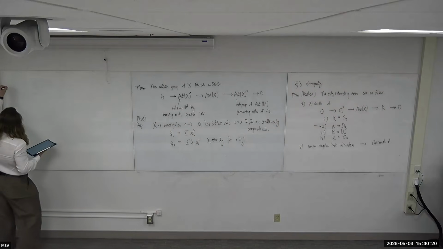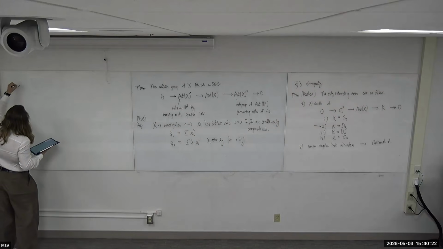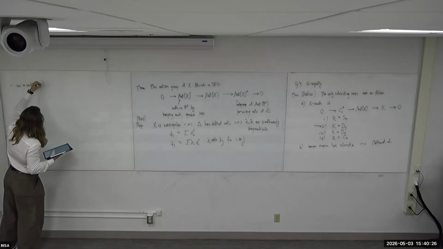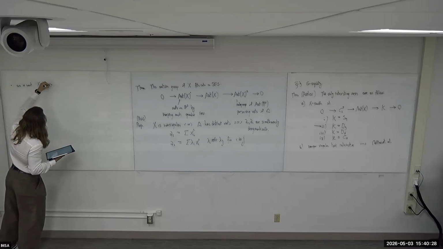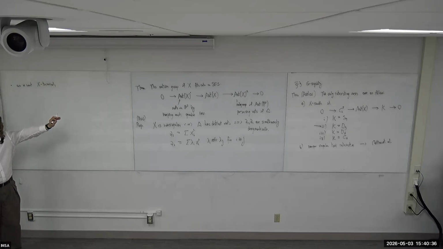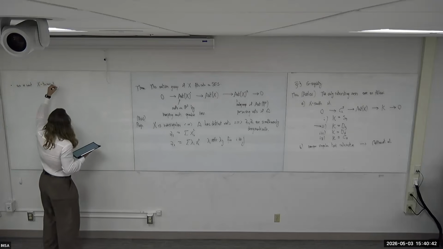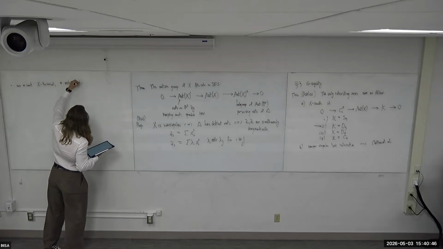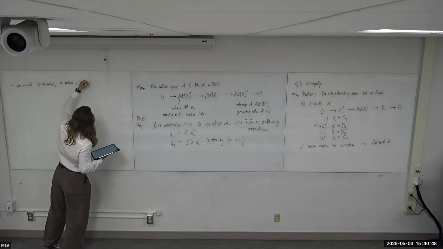As we want X terminal, we can exclude a lot of intersections, let's say those singular along a curve or something like this. We exclude a lot of cases.